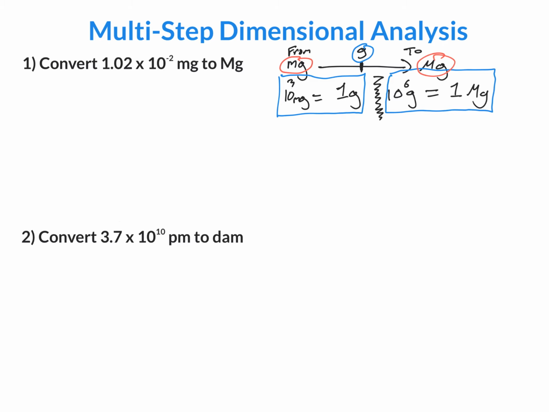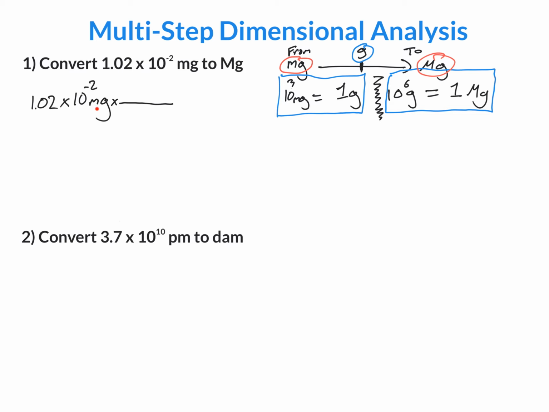All right, so setting up the problem is very similar. We always start with the number we're given. All right, so we're given 1.02 times 10 to the negative 2 milligrams, so we write that out. We do the same thing we did before. We write a fraction. And same thing we did before.